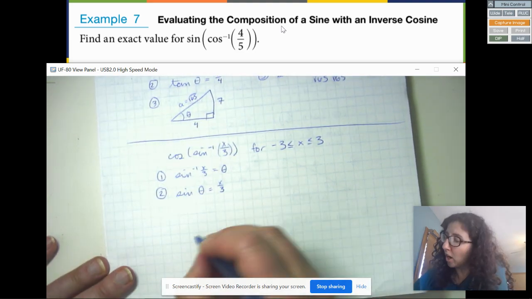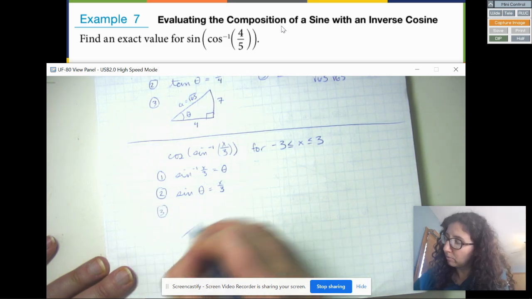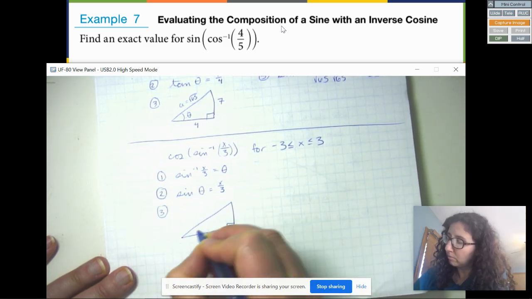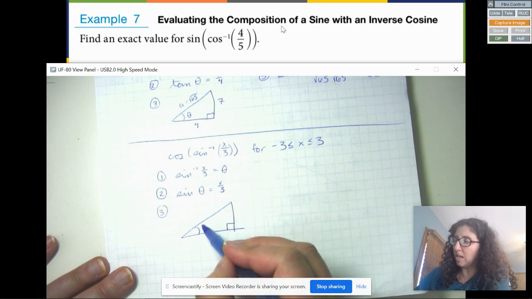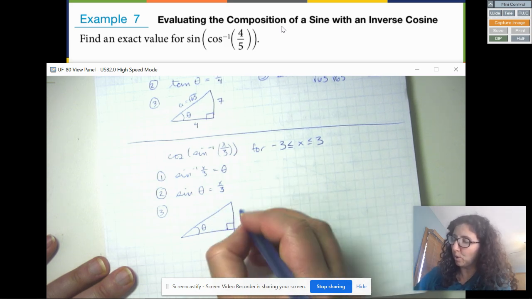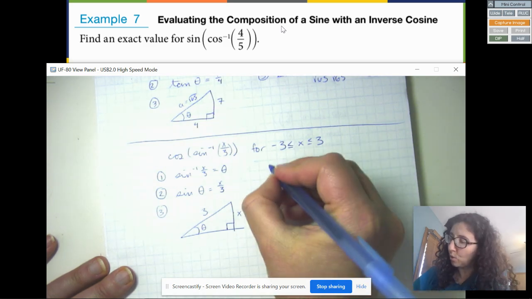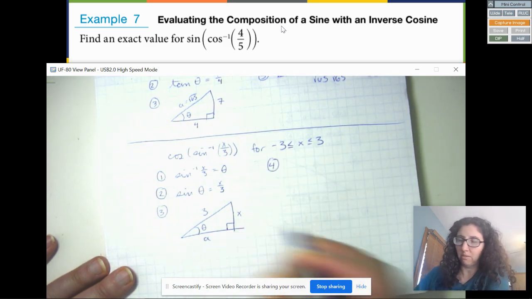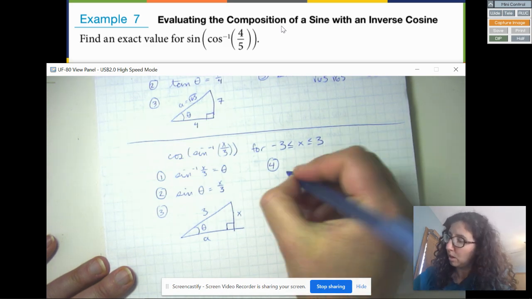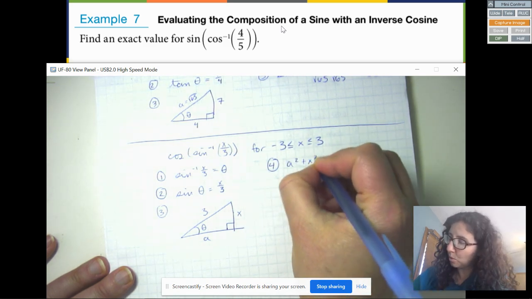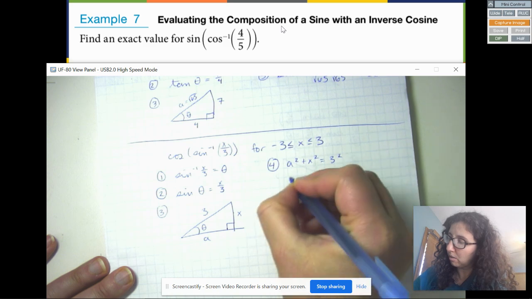Now I'm going to draw my triangle. There's my theta. Sine is opposite over hypotenuse, so x, and that's 3. 4th step, I'm going to solve for a, my other side. Okay, well, a squared plus x squared equals 3 squared.